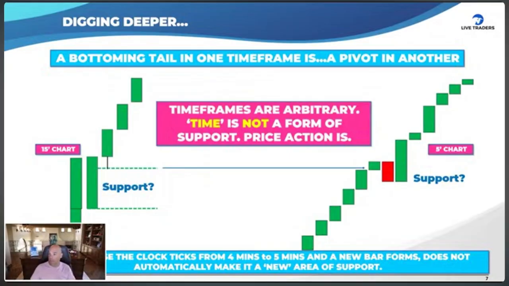Right? If I went to a 30-minute chart, those two bars would simply be one bar. Yes? So why then should this green line be some area of support? Why? It's just time. The 16-minute chart looks a little different. The 14-minute chart looks a little different. And the 30-minute chart just has one big green bar on it. So why should that be any appreciable level of support? The answer is it's not really.